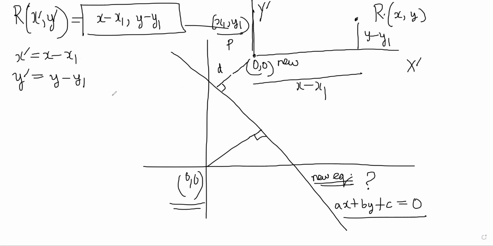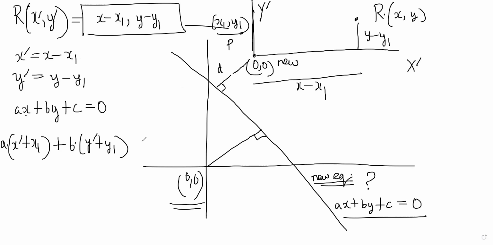So if my old equation was ax plus by plus c is equal to 0, what should be my new equation? Instead of x, I will replace x dash and all, right? x will be equal to x dash plus x1, y will be equal to y dash plus y1, right? Plus c is equal to 0, right?